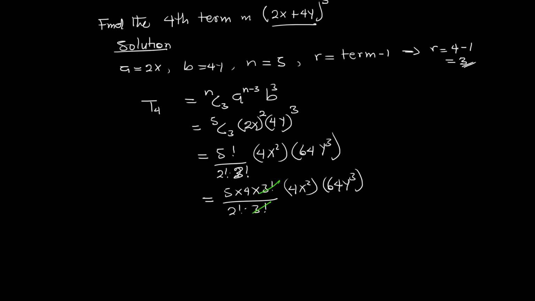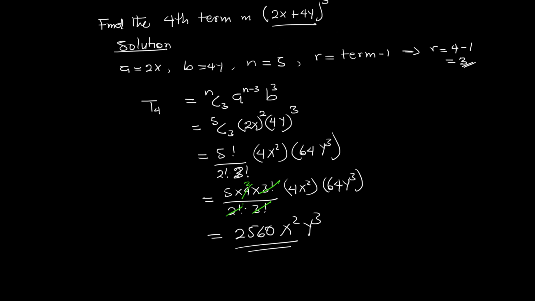This crosses that, and 2 here, 1, 2 here is 2. We have 10 times 4 times 64, and this gives us 2560x squared y cubed.